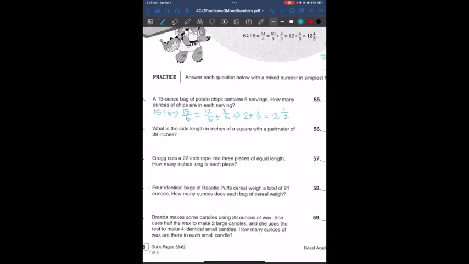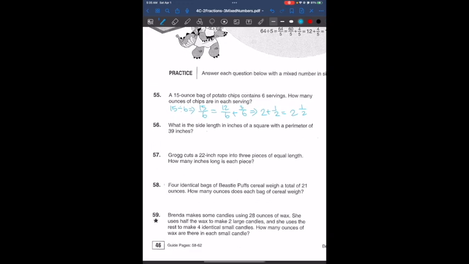And then for problem 56, it says, what is the side length in inches of a square with the perimeter of 39 inches? So since it's a square, all 4 sides are going to be equal. And so for each side, the perimeter is going to be 39 divided by 4. So it's going to be 39 over 4.